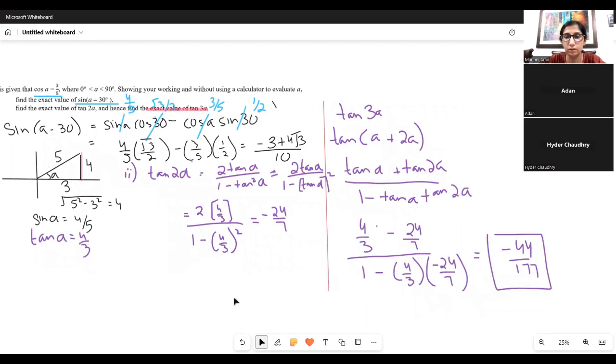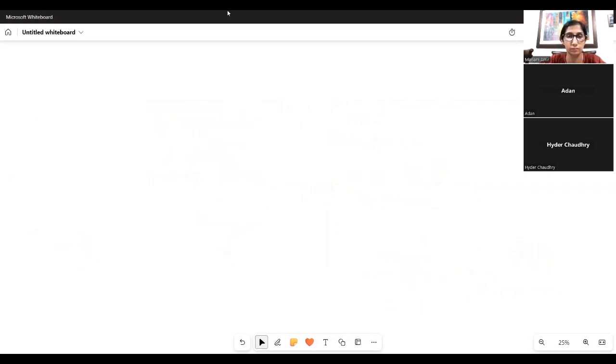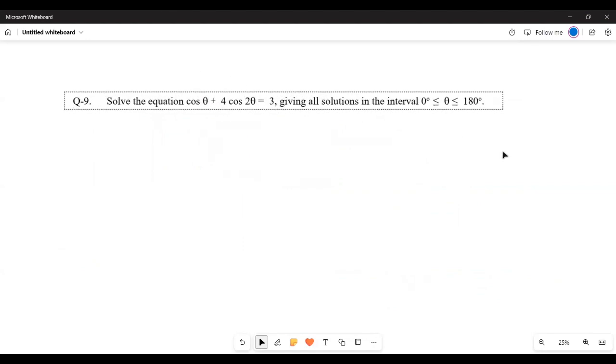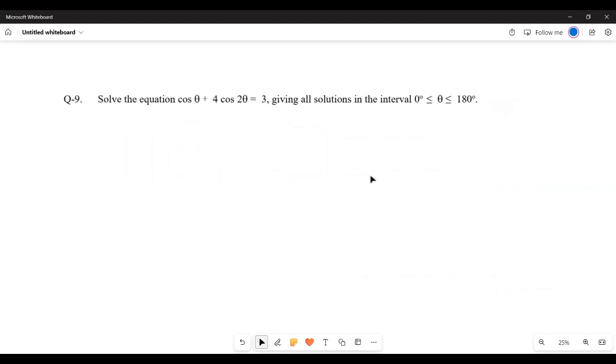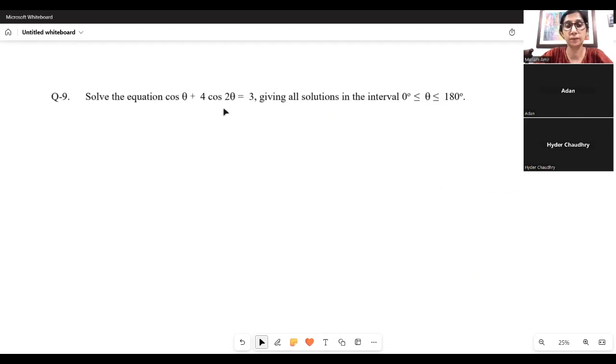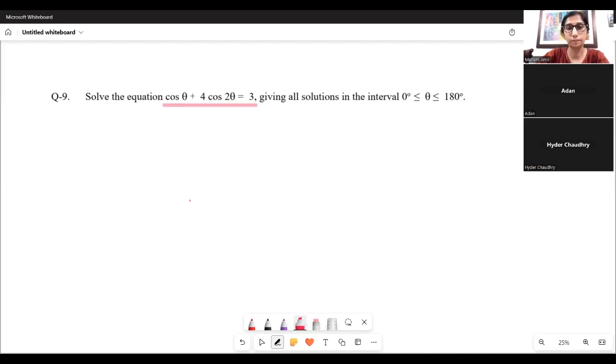Next is question 9. All right, sorry. Okay, so solve the equation cos theta plus 4 cos 2 theta equals 3.